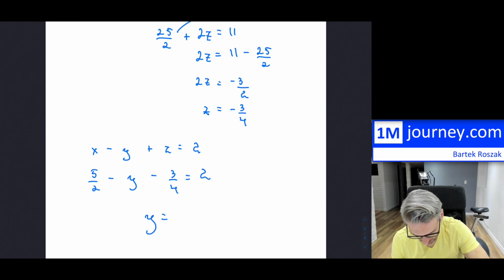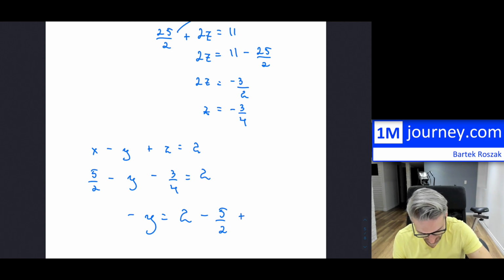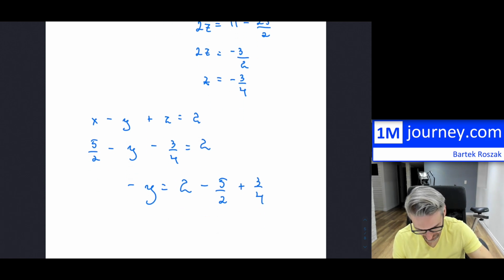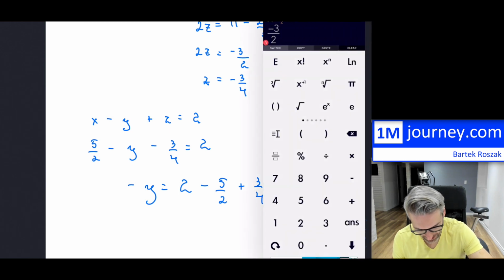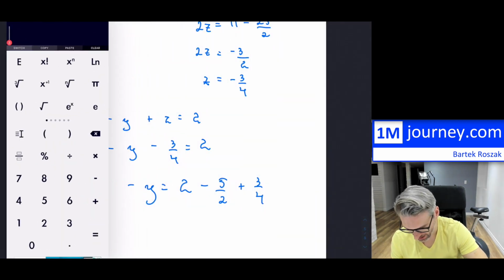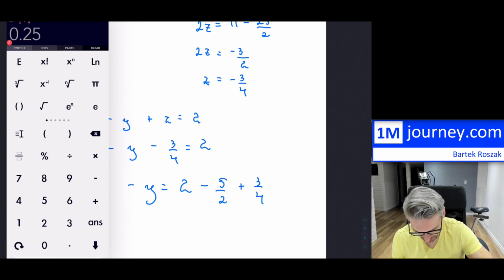So y is equal to 2 minus 5 over 2 and then plus 3 over 4. Whatever that is, I can pull this back out. So 2 minus 5 over 2 plus 3 over 4 equals, all right, so that's a quarter.